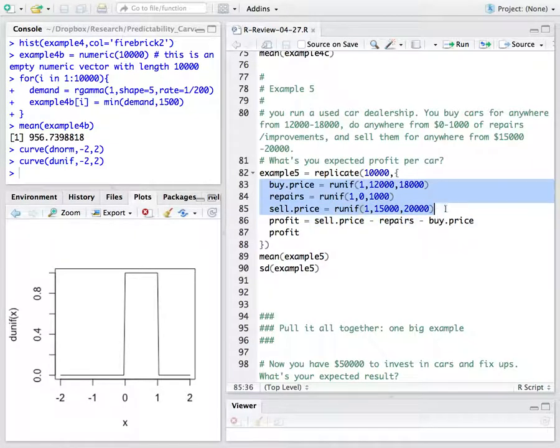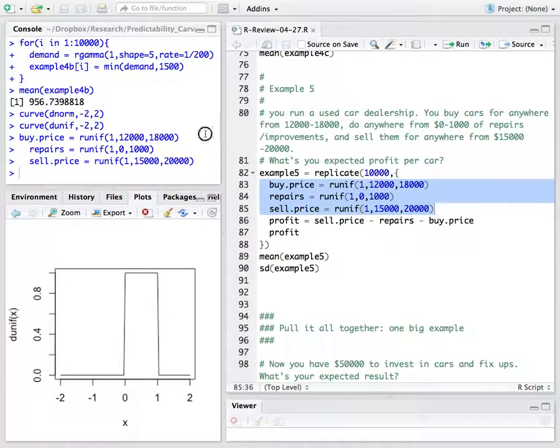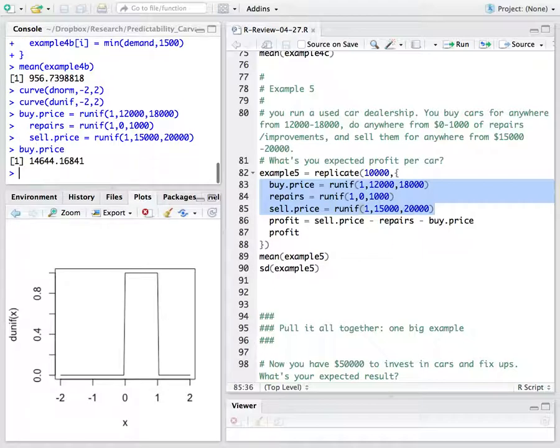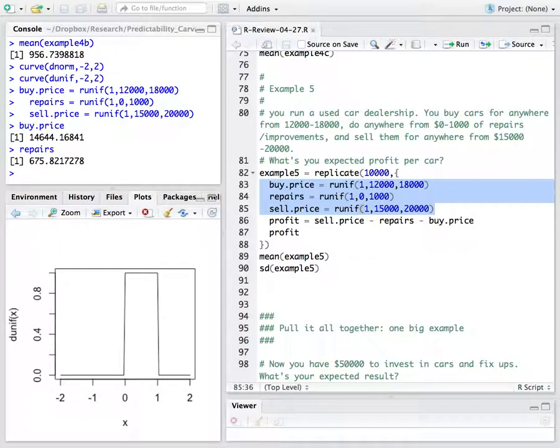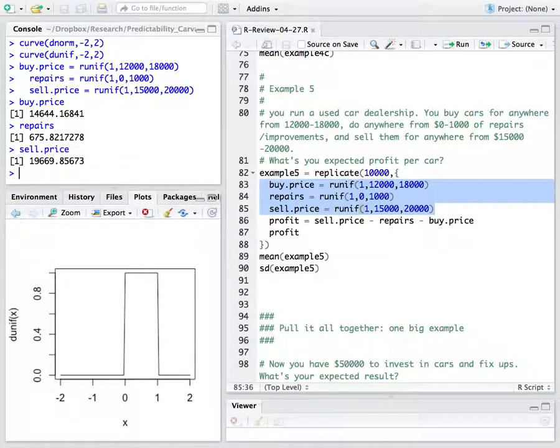So here we're just going to pull values for these three amounts. For example, our buy price is $14,600. We're going to do a fair amount of repairs to it, about $670 worth. And in the end, we get to sell it for $19,000 and change. This would be a pretty good investment as a used car dealer, this particular combination.